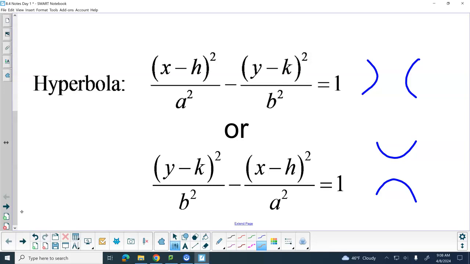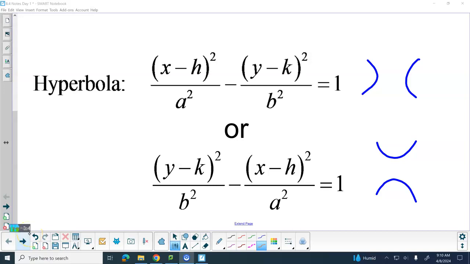So if it's x squared minus y squared, then it is a left and right opening hyperbola. If it is y squared minus x squared, then it's up and down. So definitely want to write down both of those equations on your supplemental notes.